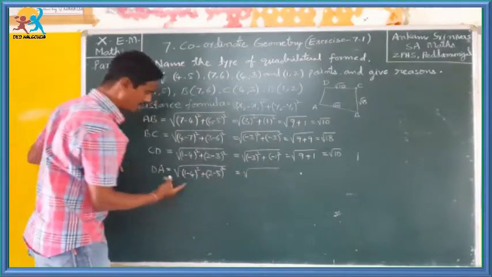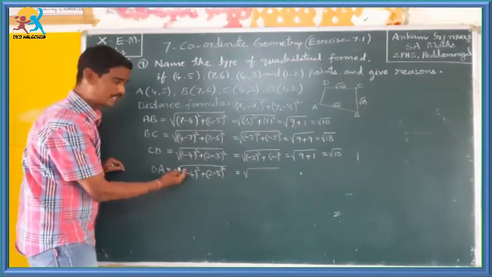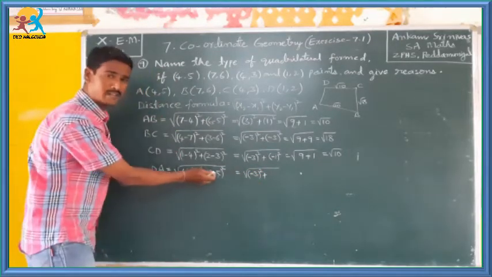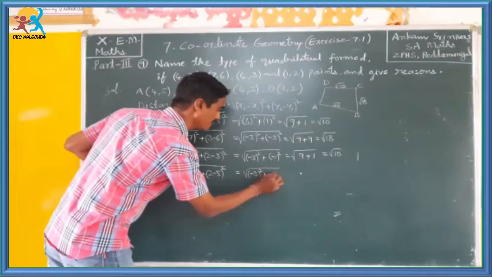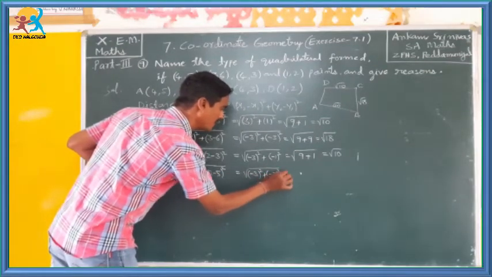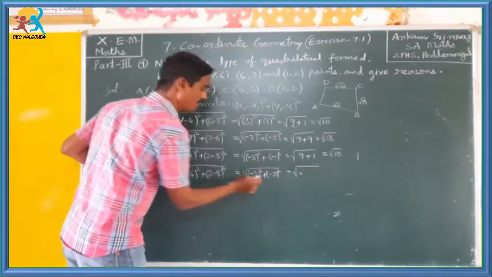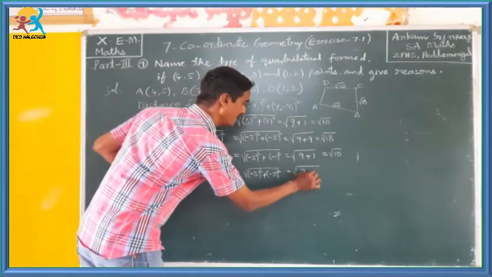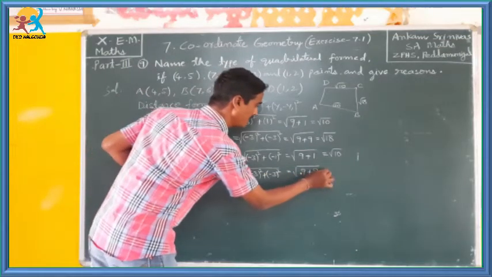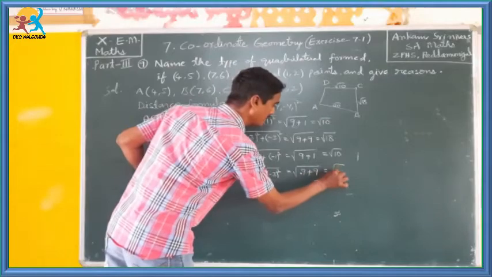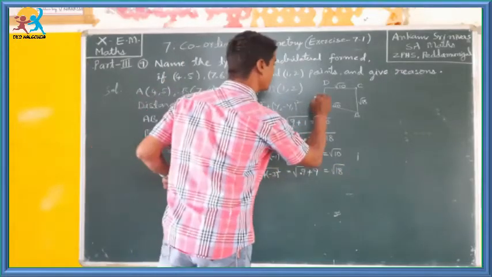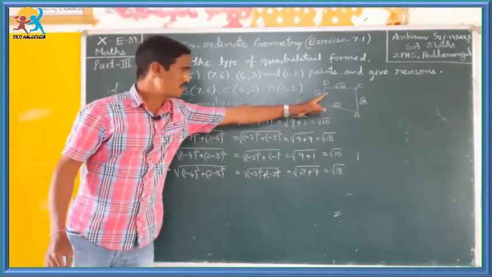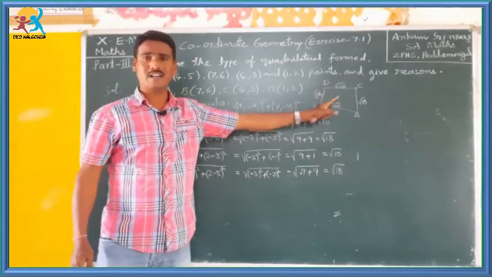Here, see children, 1 minus 4 is minus 3 whole square plus 2 minus 5 is minus 3 whole square. Minus 3 into minus 3 is 9, and also minus 3 whole square is 9. 9 plus 9 is 18, so here also square root of 18. In this case, what do we observe? Opposite sides of the quadrilateral are equal.